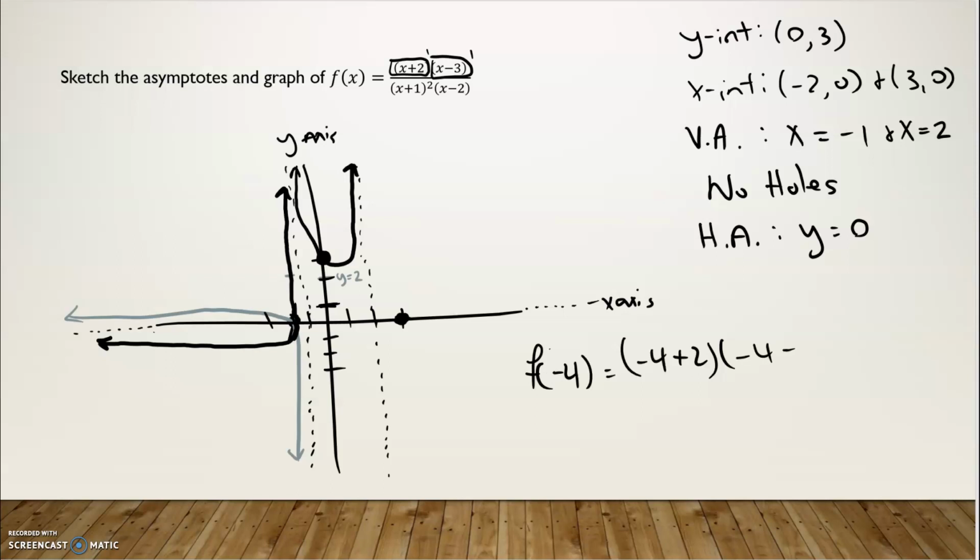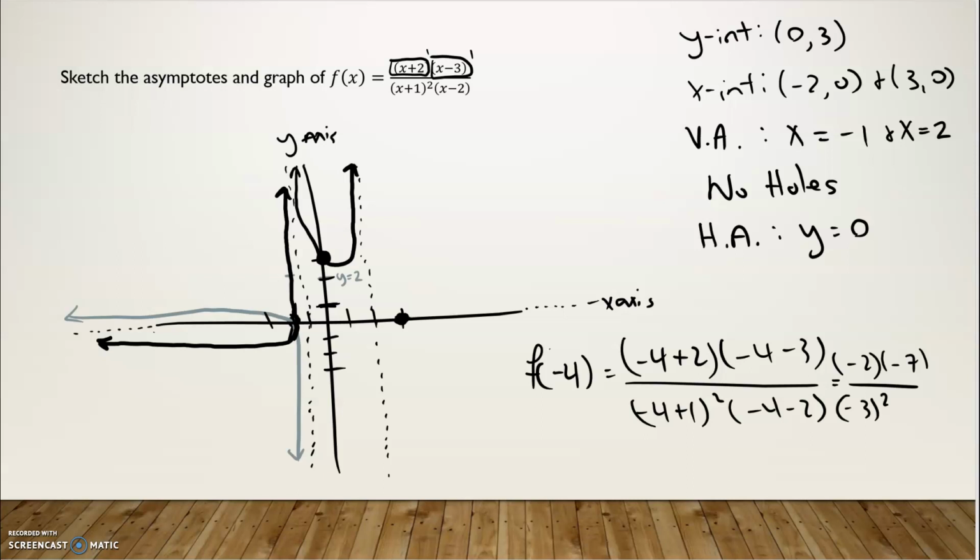Okay, so -4 minus 3, -4 plus 1 squared, -4 minus 2. So that's -7. This is -3 squared, and that will be -6. Okay, so I have +14, and I have a 9 times a negative 6. So 14 over 56.